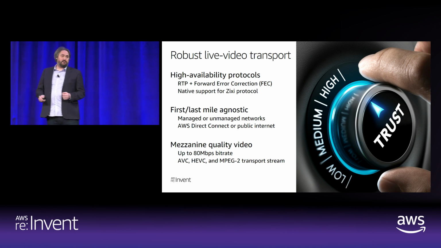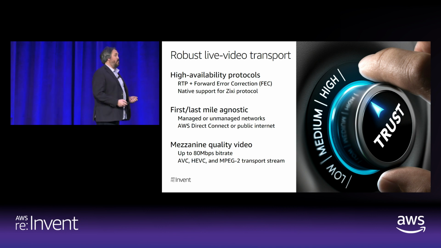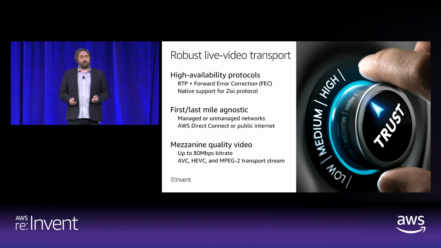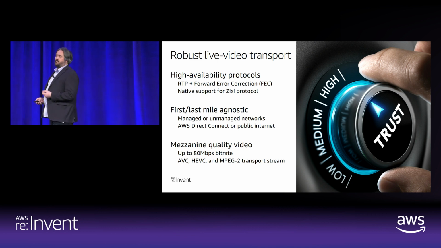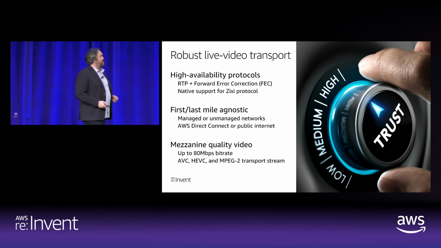Now, if you're an events producer, for example, and you're traveling around the country or the world and going to different venues, you can't always make representations or assumptions about the quality of the infrastructure from the venue to AWS. And so we want our service to be able to give you the flexibility to work with those more challenging contribution first and last mile networks, including, of course, the public internet.